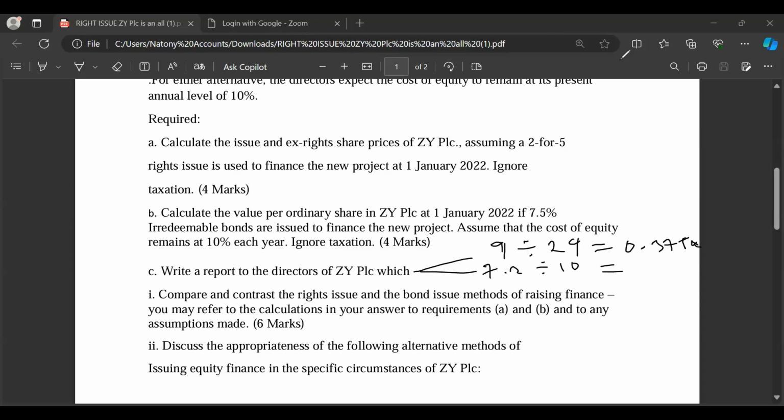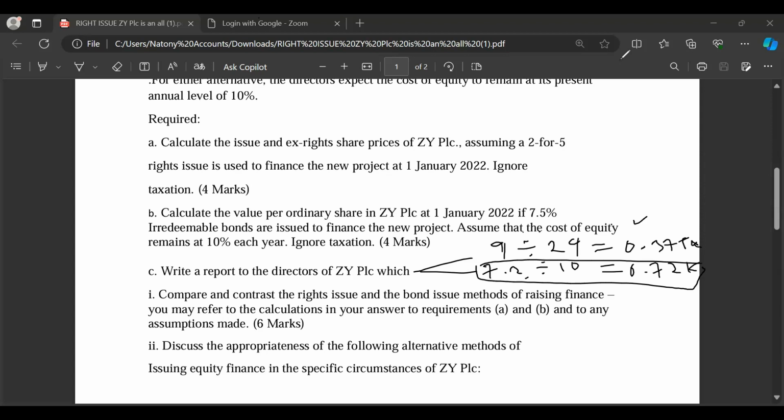So this will give 0.72 kobo. So on this basis, the debt finance is still better than the equity finance.